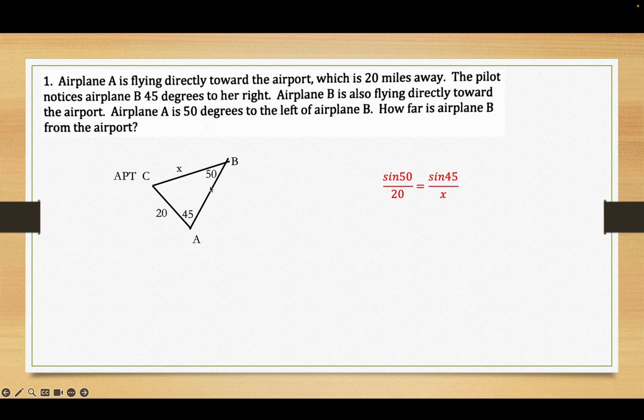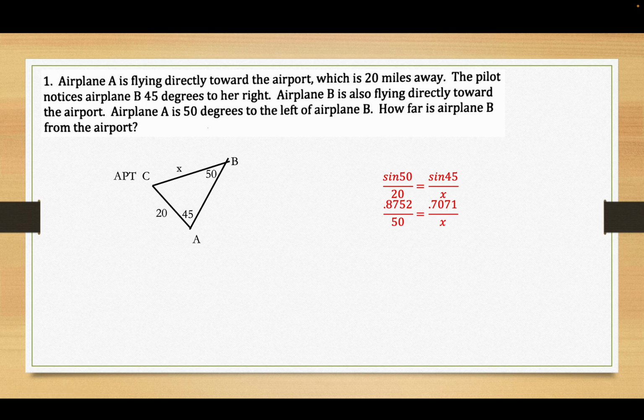So if you look at it, okay, I have angle side side or angle angle side. Either way, it's not side angle side, and it's not side side side. So we go law of sines. So the sine of 50 is to 20, as the sine of 45 is to x. Looking up the values, and it's kind of traditional to write 4 decimal places. You don't have to.